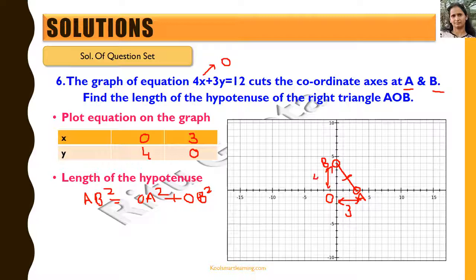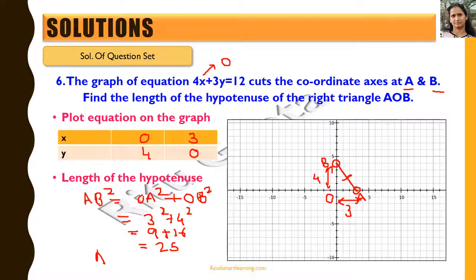So we place these values here. So we get 3 square plus 4 square, which is nothing but 9 plus 16, and that is equal to 25.